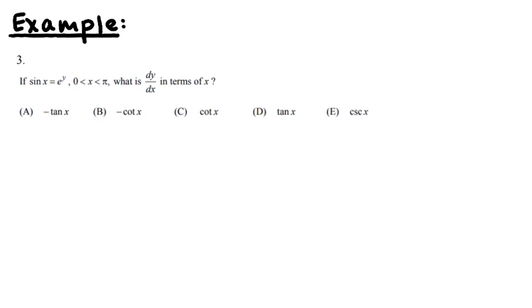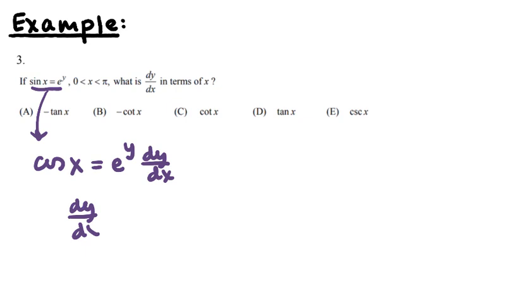What I'm going to do is take the derivative of both sides of this equation with respect to x. So that means cosine x equals the derivative of e to the y, which is e to the y, but the derivative of y is dy/dx, so I've got to remember the chain rule. Meaning that dy/dx is equal to cosine x over e to the y.